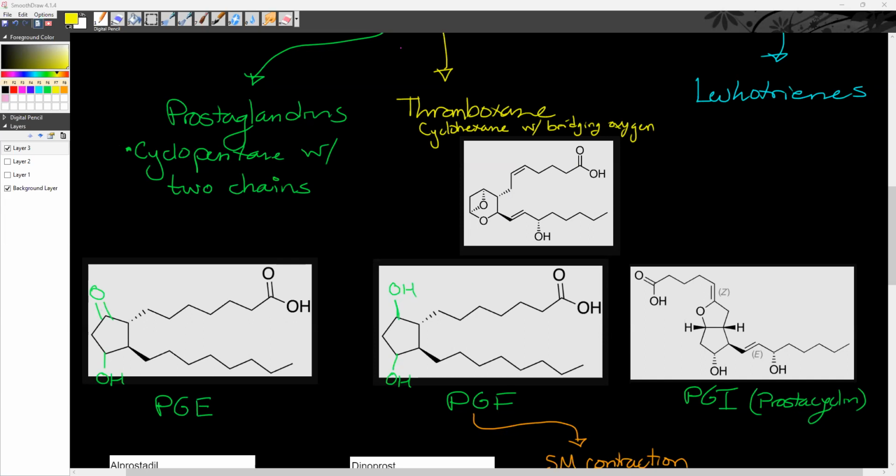And then finally, for our leukotriene, because it is going through a completely different pathway, we are not going to end up having a similar shape to our molecule.